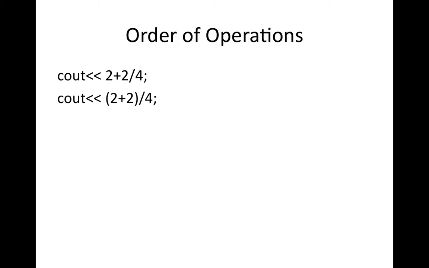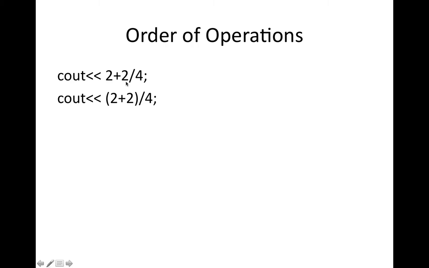Okay, so when you start talking about arithmetic, you need to be aware that C++ respects the order of operations, just like any good computer would, right? So in this first line of code here, 2 plus 2 divided by 4, a common order of operations mistake is to say, well, 2 plus 2 is 4, and 4 divided by 4 is 1, right? So this line maybe should output 1. But of course, in the order of operations hierarchy, division has more priority than addition.